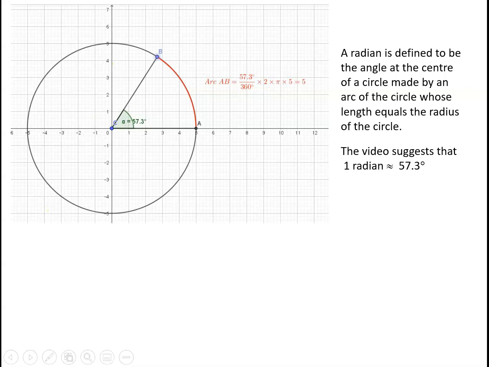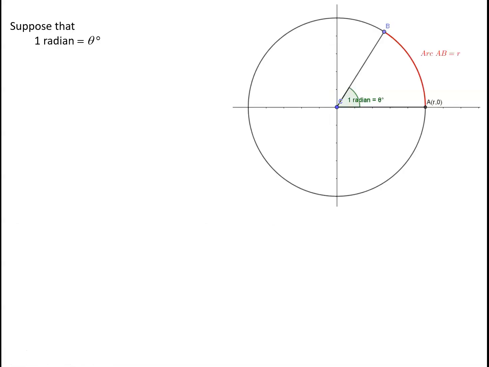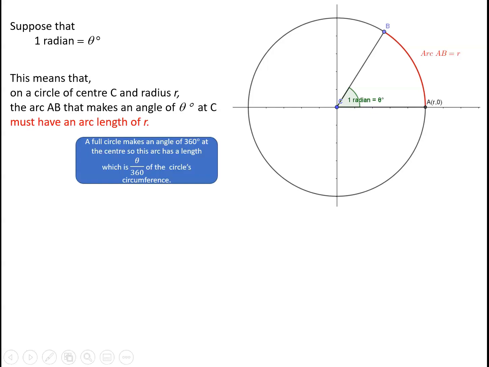We can find a more exact value for 1 radian in degrees by supposing that 1 radian is equal to theta degrees, in which case the arc joining A to B has got to equal the radius of the circle, which means that we've got the equation r equals the arc length.